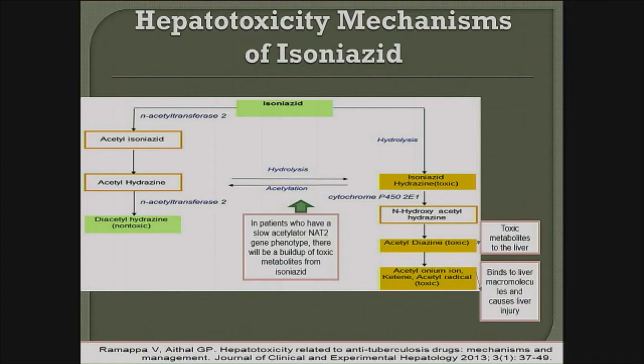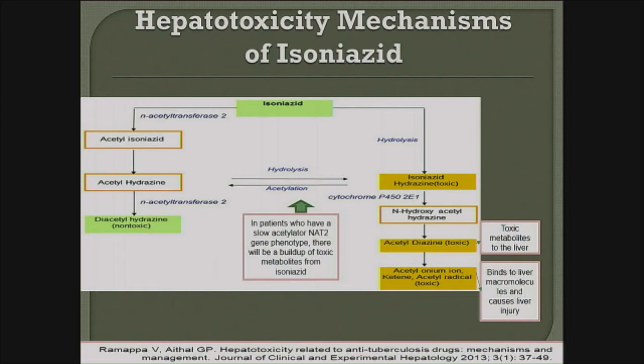So this is the mechanism of hepatotoxicity of isoniazid. Isoniazid is metabolized and cleared predominantly in the liver. The key enzyme in the metabolic pathway is NAT2, and the microsomal enzyme cytochrome CYP2E1 will determine the risk of hepatotoxicity.